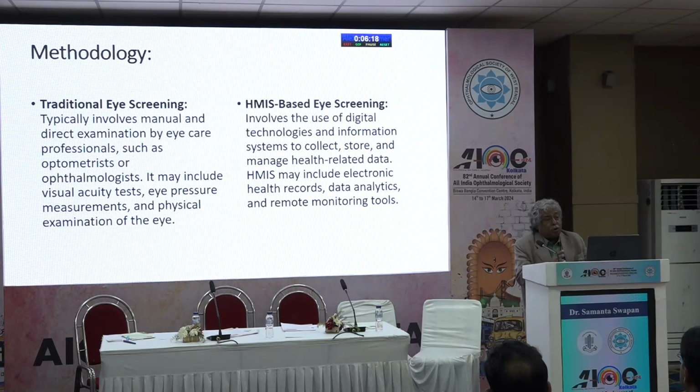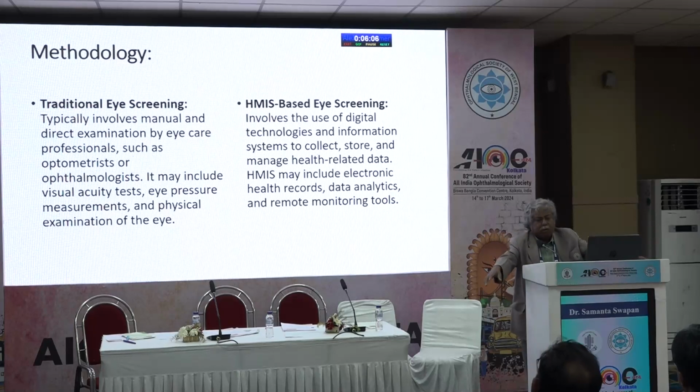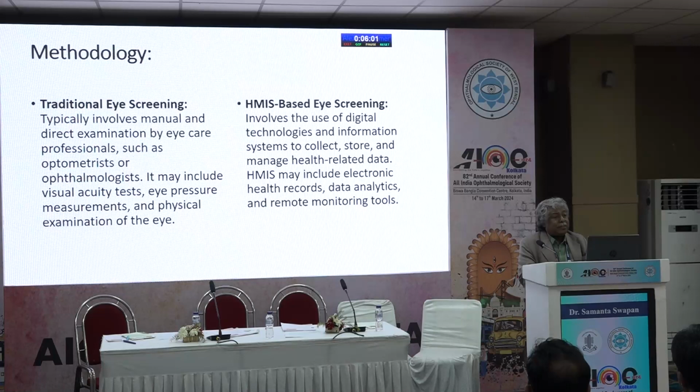You'll be surprised to know, with a piece of rope we used to send our community eye health workers, maybe a village volunteer or some ASHA worker, door to door, and they asked all the family members to come to the courtyard, and we asked them to count fingers at a distance of 3 meters. In that way, very crudely, we found out how many of them were visually handicapped, without any spectacle examination or operation or anything like that.